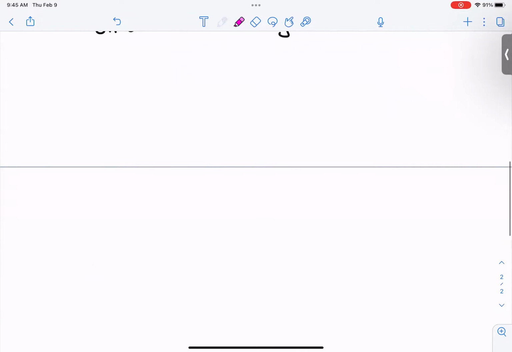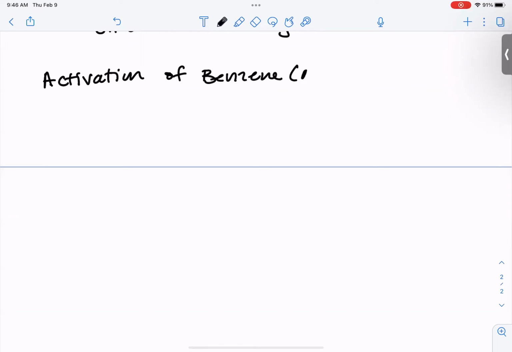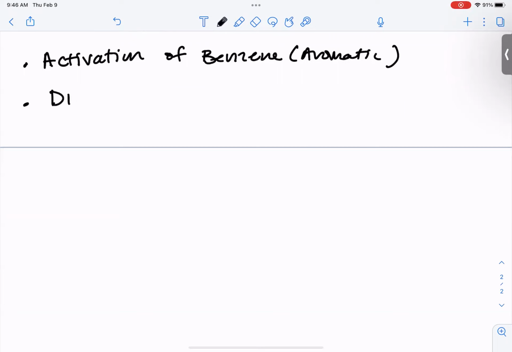So we are going to look at activation of benzene or an aromatic ring, because I want to do these reactions with you with those heterocycles. And we're going to look at directing effects.